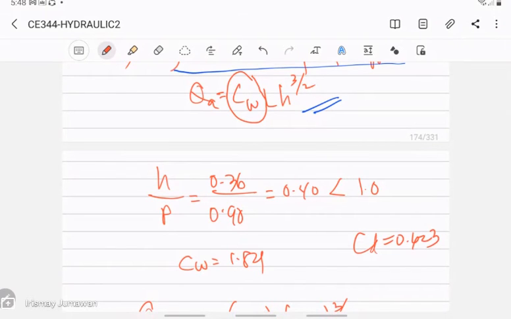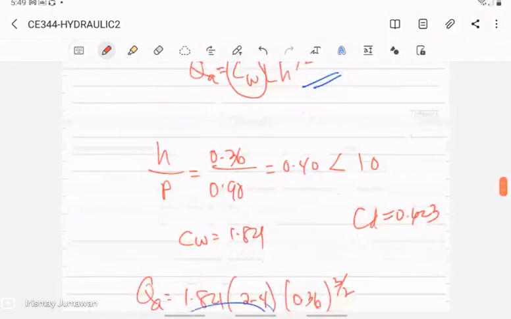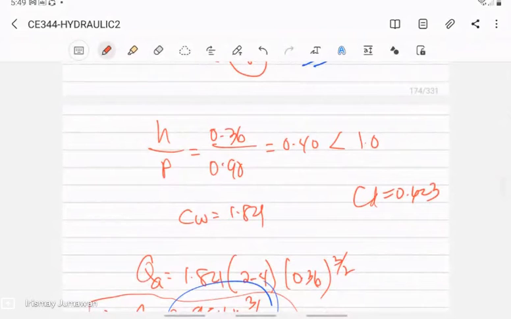And we know that Cw is equal to 2/3 times square root of 2g times Cd, times 0.623. So the value of Cw is 1.84. We use 1.84 because this is the Francis formula.